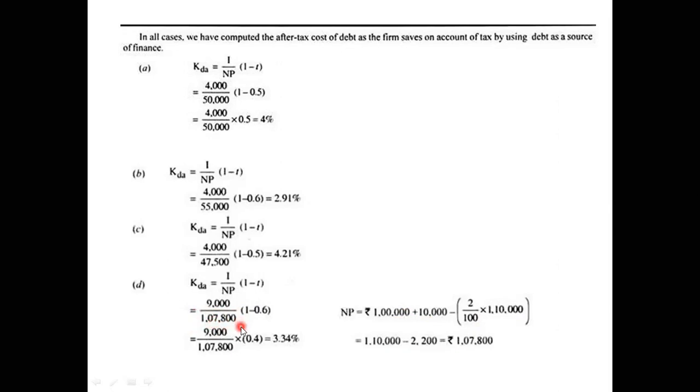Now you can calculate the before tax cost of debt here. The before tax cost of debt comes to 9,000 divided by 1,07,800. Once you get the answer, you calculate the cost of debt after tax, which is 1 minus 0.6.